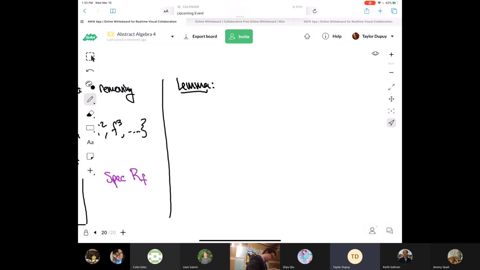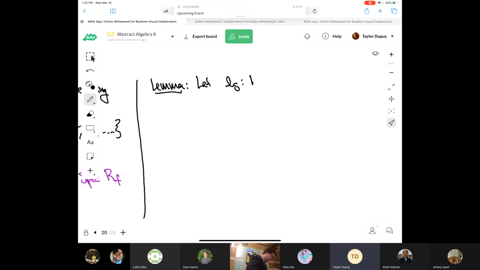Let l_S from R to S inverse R be the localization map.